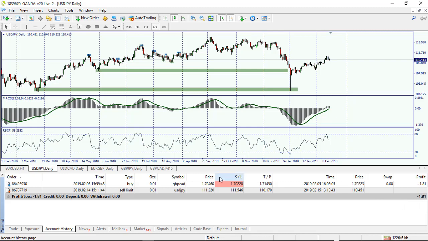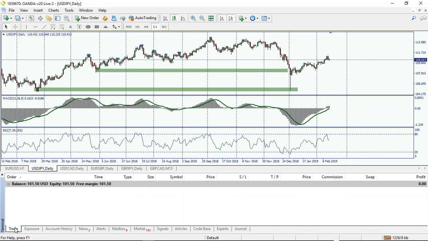We started with $100, but I took a trade way before we started our trading journal. So this is my current balance, 101.50. Like I said, this is all about us growing a small account. I'm still in profit, 1.50, and hopefully throughout our journey with my trading journal, we could grow this account to bigger profits.